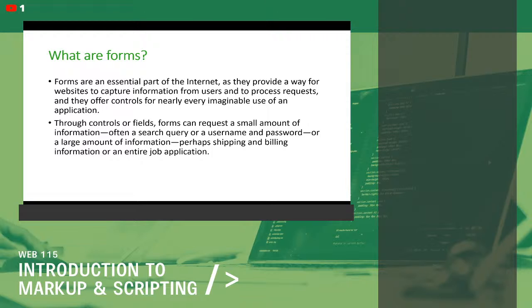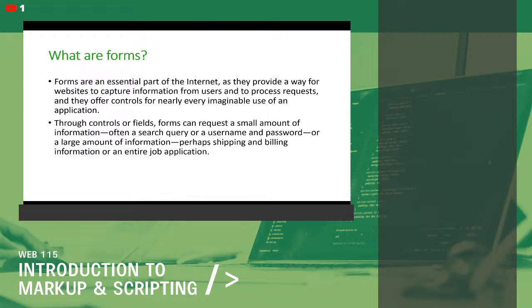Forms are an essential part of the internet. We see them everywhere. Even something as simple as logging in, which you probably had to do to log into Blackboard this morning, or you might have had to log into YouTube. Even something that is just as simple as username, password, click, that's a form. It's ubiquitous on the internet. They give us a way to capture information and to process requests.